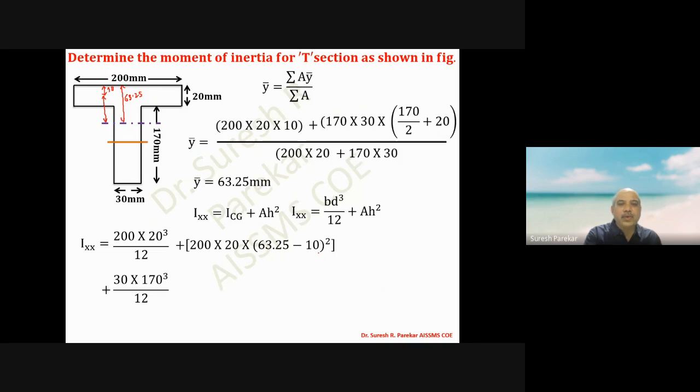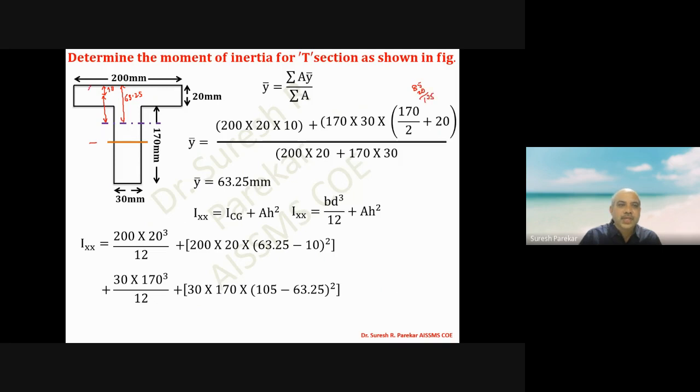So bd cube, 30 into 170 cube by 12, plus 30 into 170 into (105 minus 63.25) whole square. So now if you see, we have this distance 85. So 85 plus 20, we will get it as 105.